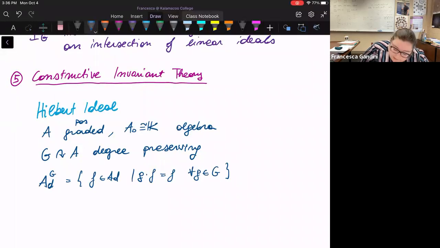And then we can think about the forms that are invariant in positive degree, because constants are always also invariants if you have a linear action. And then the ideal I_+^G generated by all the positive degree invariants is what we call the Hilbert ideal.